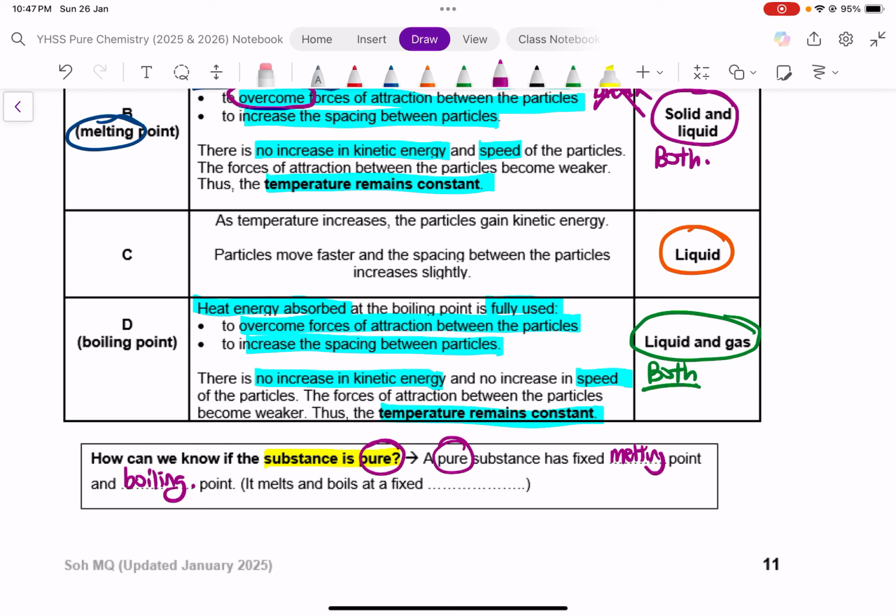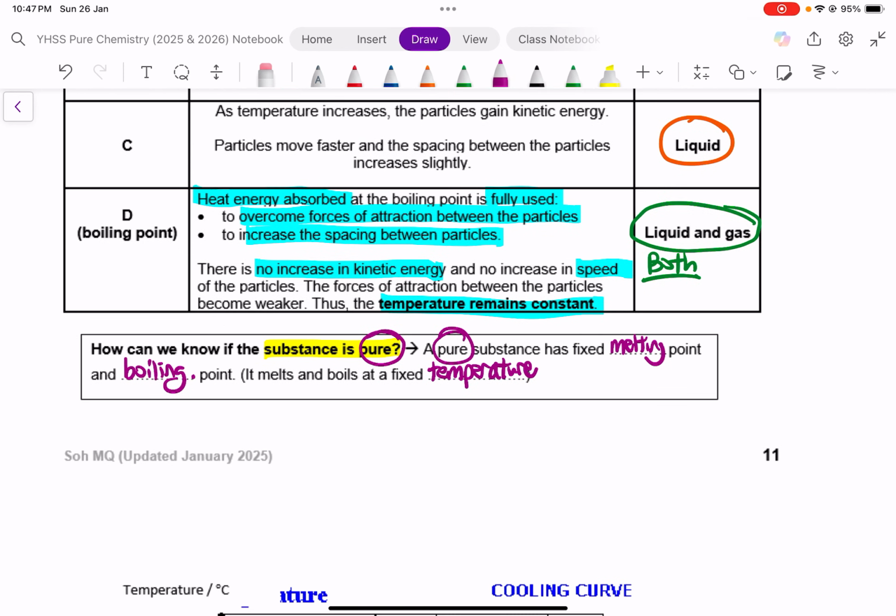So you can tell from this graph that it melts at minus 60 degrees Celsius. It boils at 60 degrees Celsius. That means it melts and boils at a fixed temperature. During melting, the temperature remained constant at minus 60. During boiling, the temperature remained constant at 60. So this is a pure substance.